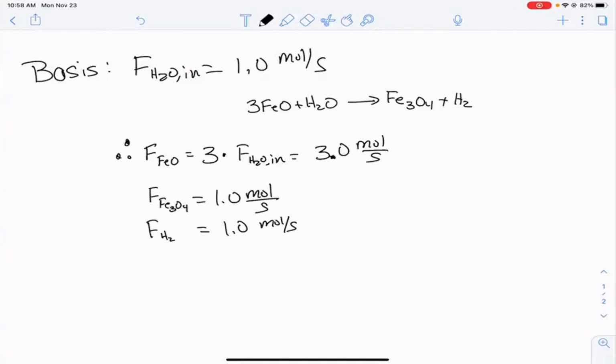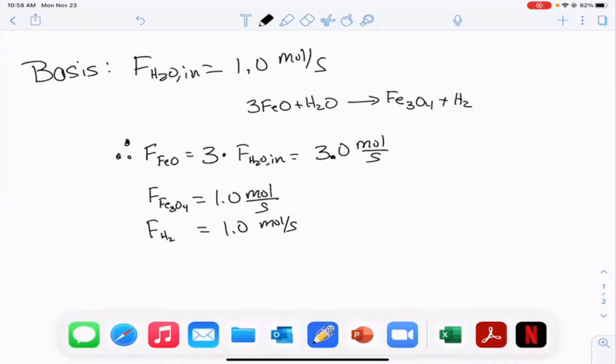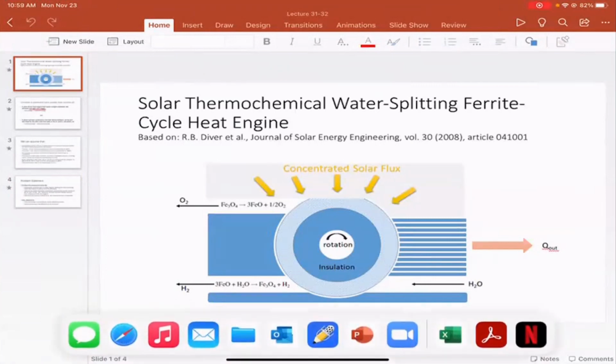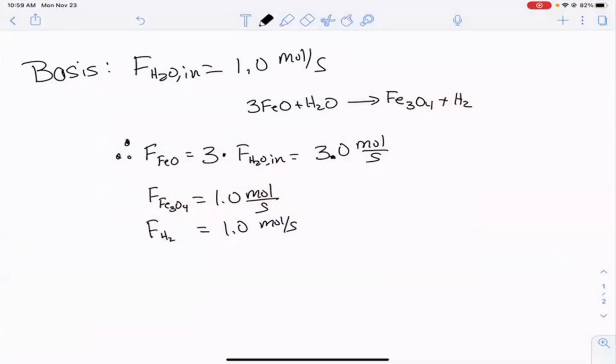To get the other one, we need to look at the reaction that's happening on the top side of the solar cycle, where, if you remember, Fe3O4 thermally decomposes to give us FeO back and 1/2 O2. So if we look at the stoichiometry here, for every mole of Fe3O4 that comes into the solar compartment, we make 1/2 mole of O2.